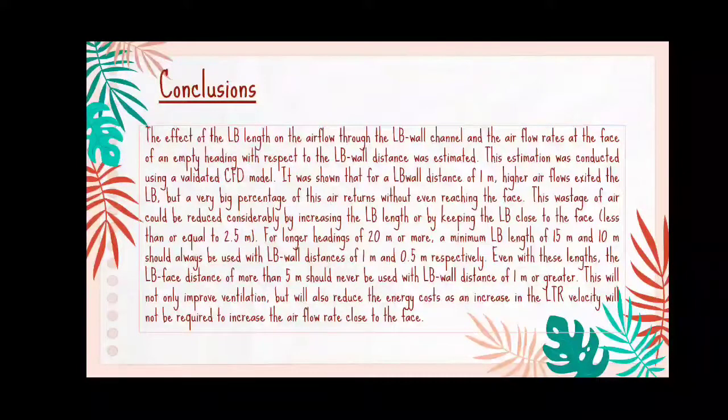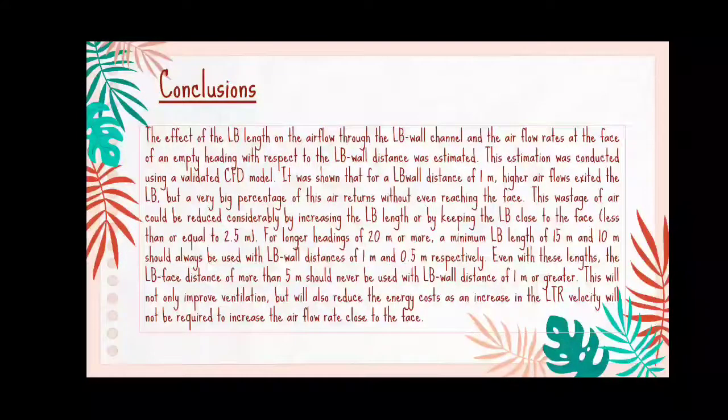2.5 meters. For longer headings of 20 meters or more, a minimum LB length of 15 meters and 10 meters should always be used with LB wall distance of 1 meter and 0.5 meter respectively.